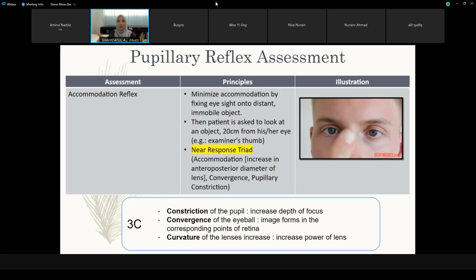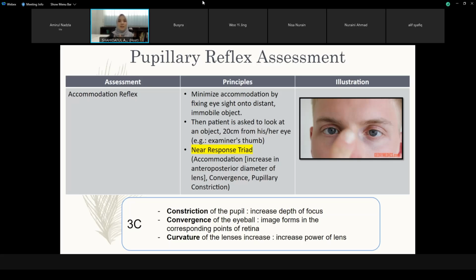But when you are looking near, you will see the eyes turn inward. So it involves your medial recti, there will be medial recti contraction. The aim is to focus the image of the object on the fovea. If your eyes remain slightly diverged but the object is already near, it will look blurred. If you look far but put your hand in front, you won't see it clearly.